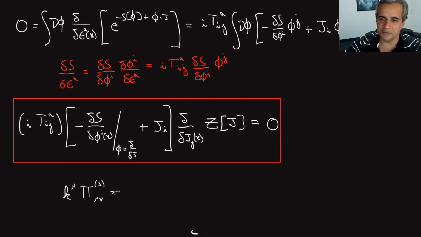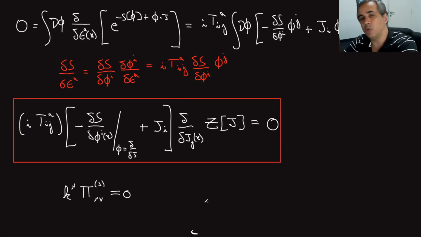That this is 0 if you contract with the momentum. And that will imply some very specific form for this, and will guarantee that even at high loop order, nothing generates a mass for the photon. That's a consequence of the symmetry of the theory.